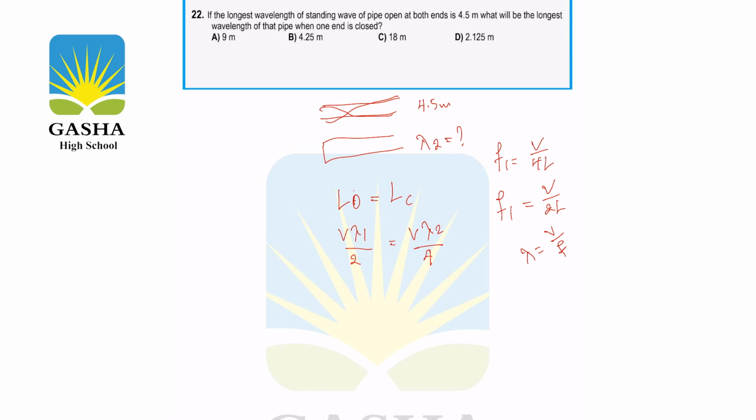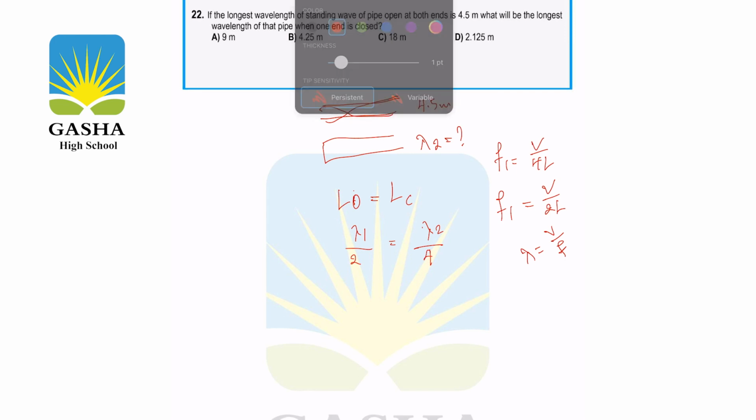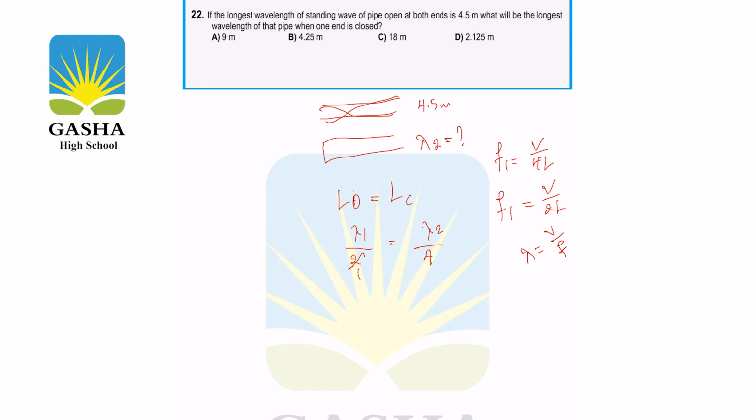And V, they cancel out. So lambda 2 will be equal to 2 times lambda 1, and that will be equal to 2 times 4.5, which we wrote before, and that's equal to 9 meter.